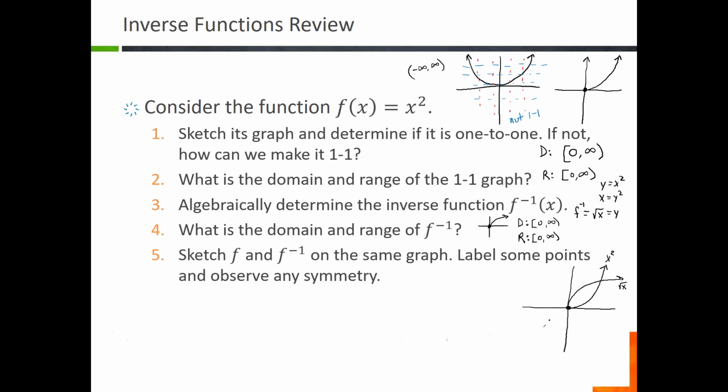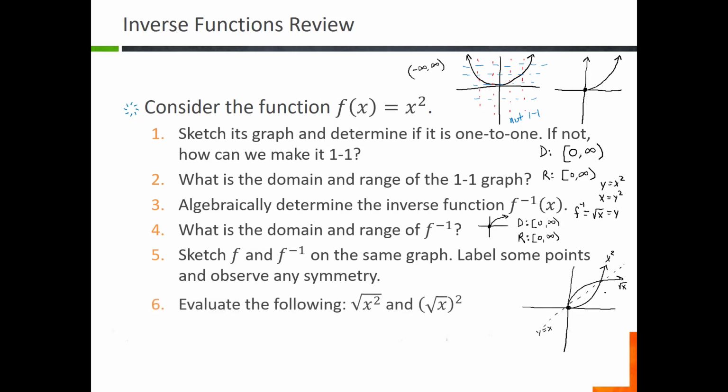And if we look at the line y equals x, that's that diagonal line. These two graphs should be mirror images of each other. The original function is below the line and then curves upwards. The inverse is above the line and then curves below the line. So they're just mirror images of each other.